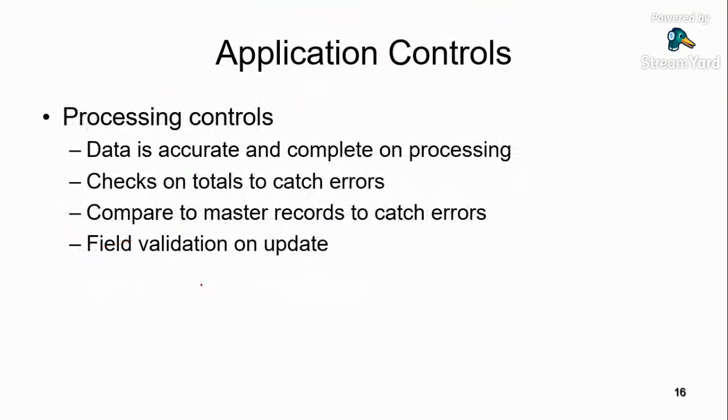Then we have the processing control, when the data is processed for accuracy and completeness, passing the data on to the further level, where various records and fields will be validated, and before the data is marked for further processing, it has to be corrected, so that incorrect data will not result.